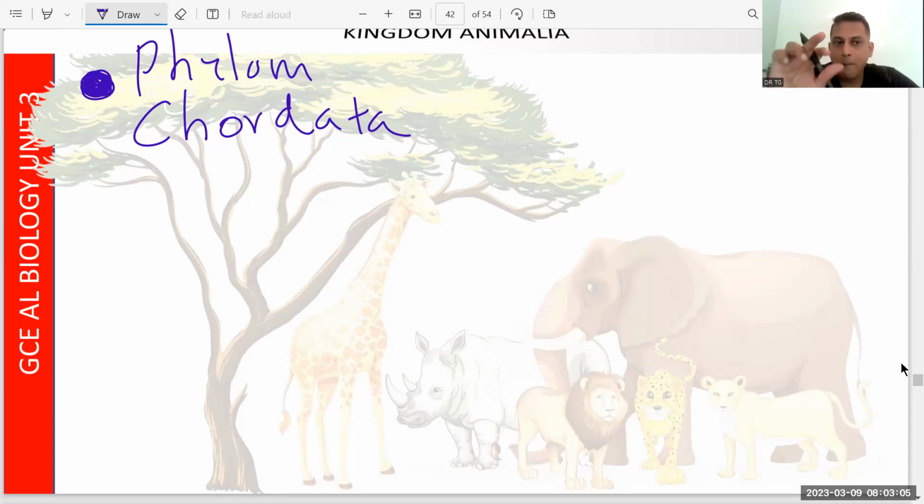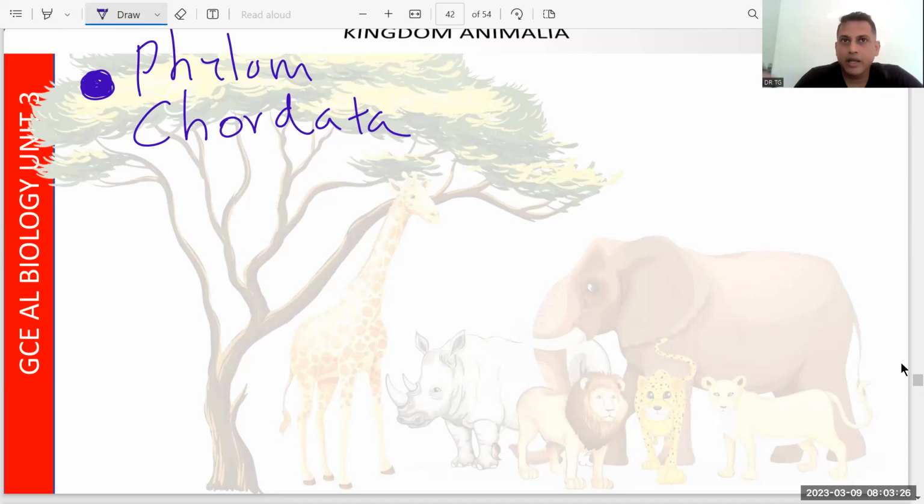If you look at phylum Echinodermata, we have learned deuterostomes. Deuterostomes is specific for both Echinodermata and Chordata.